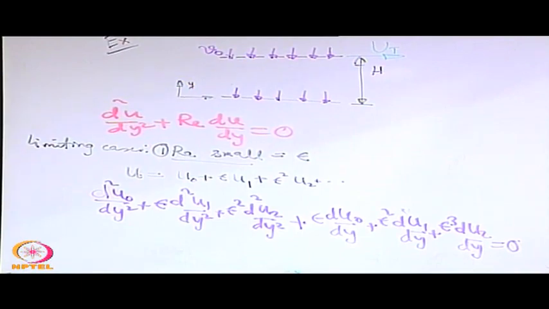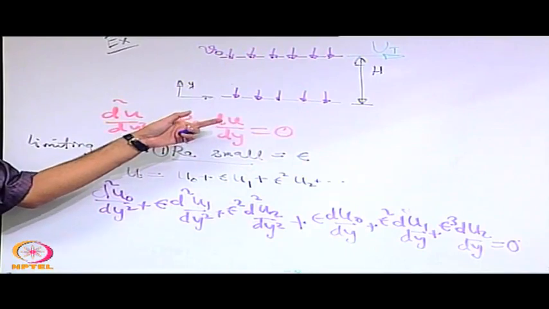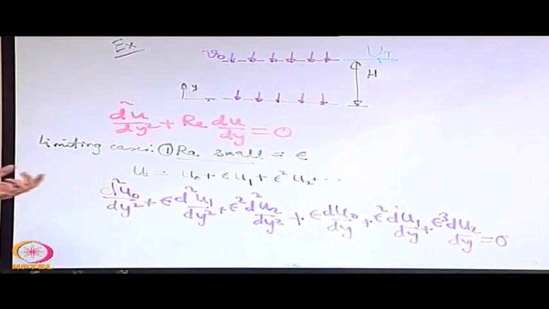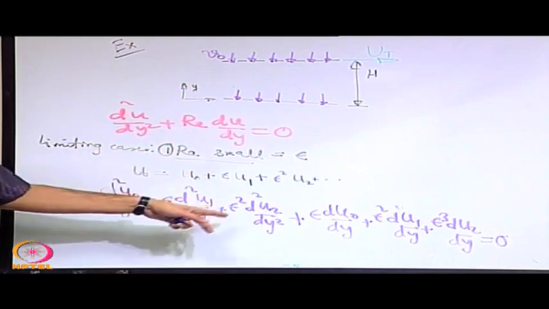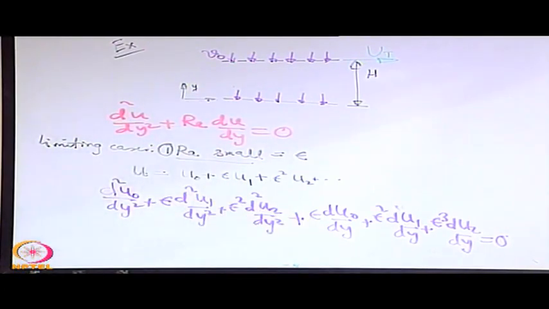So we have done nothing special, just substituted this series expansion of u in the governing equation. Reynolds number is epsilon, so epsilon into epsilon has become epsilon square, like that.